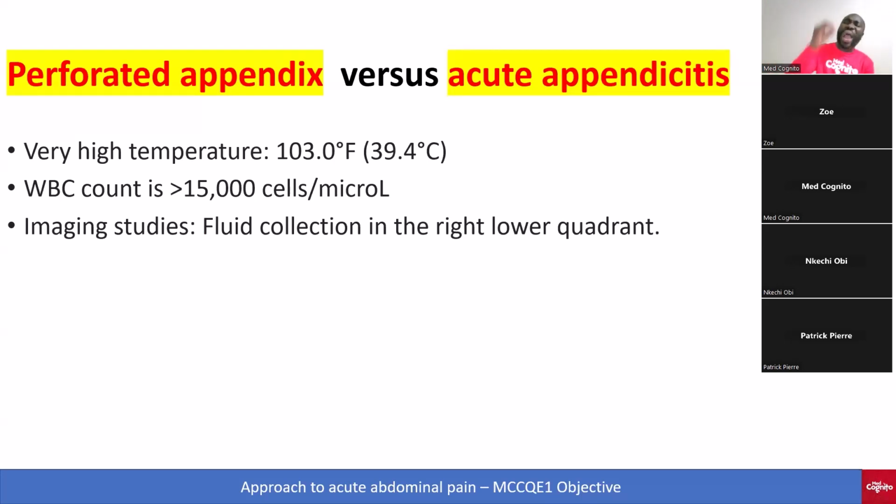Number two, white cell count is usually more than 15,000. And when you do imaging, in perforated appendix, there's fluid collection in the right lower quadrant. So this is how you can tell the difference between perforated appendix and acute appendicitis.